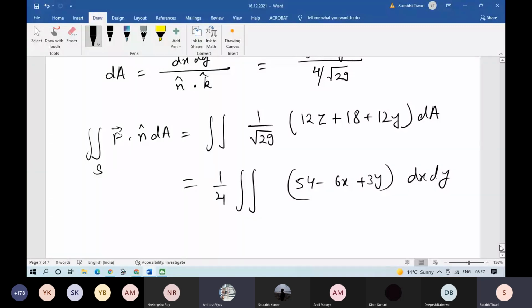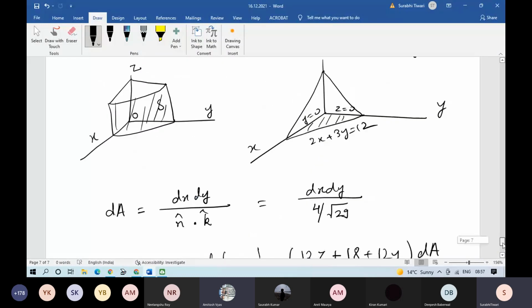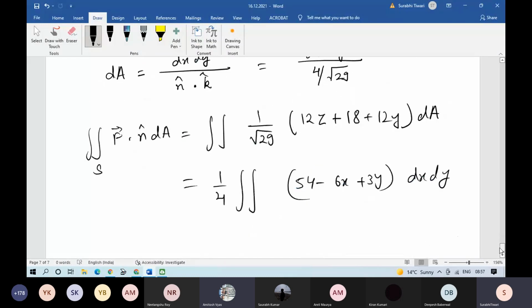X इस ट्राइंगल में x एक्सिस के अलोंग एक स्ट्रिप ले लो. ठीक है. तो जब आप स्ट्रिप लोगे तो y की वैल्यू y एक्सिस के अलोंग, तो y की वैल्यू कहाँ से कहाँ वेरी कर रही है? 0 to 12 minus 2x upon 3, and this varies from 0 to 4. X varies from 0 to 4.